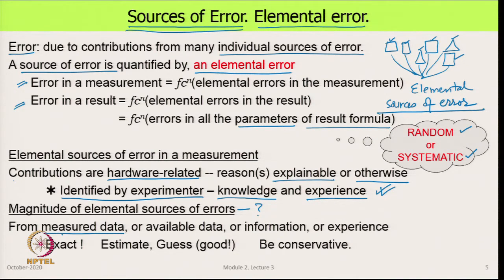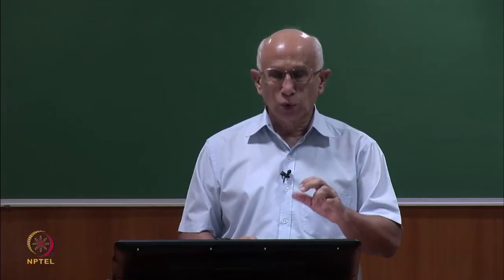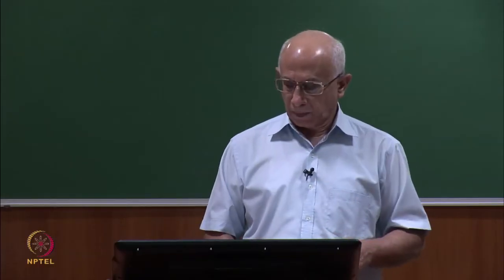Some errors can be measured, so we will put that as measured errors, and then we rely on some available data from previous workers, similar workers elsewhere, or from literature, and use that as an estimator. It is not the exact answer, but it tells us where the magnitude of the error is likely to lie.